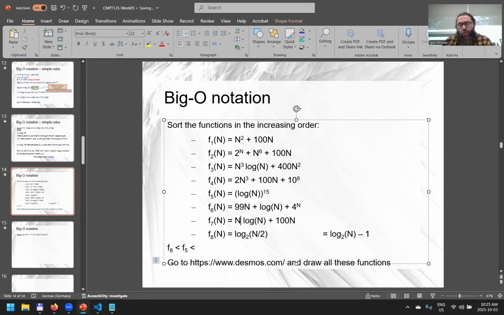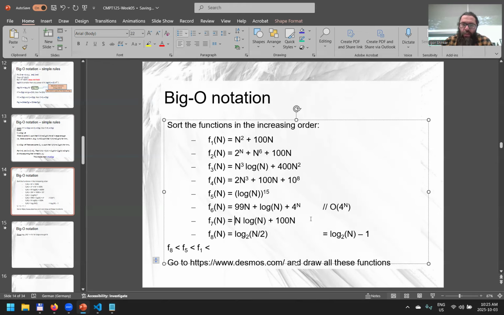After f5, what do we have? This is n log n. Oh, this is simply linear in n. Oh no, that's not linear in n. Look what's hiding here: that's 4 to the n. So this is actually a huge function. Which one is smaller now? We have n squared here, so that's f1. Next, oh no, there's f7.